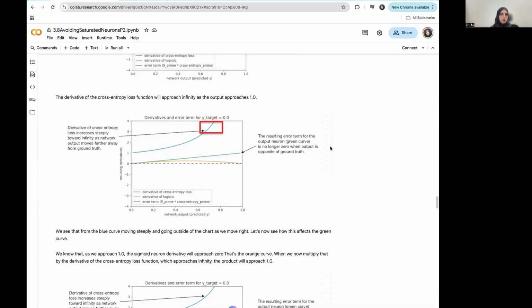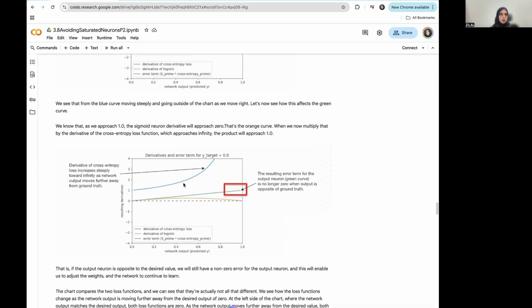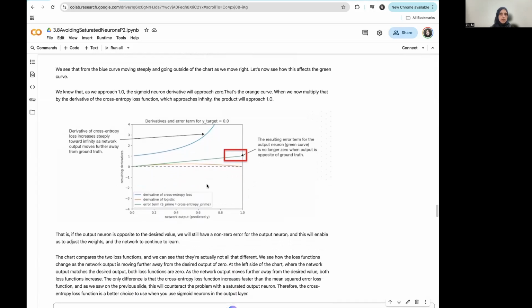The derivative of the cross-entropy loss function will approach infinity as the output approaches 1.0. We see that from the blue curve moving steeply and going outside the chart as we move to the right. Let's see how this affects the green curve.